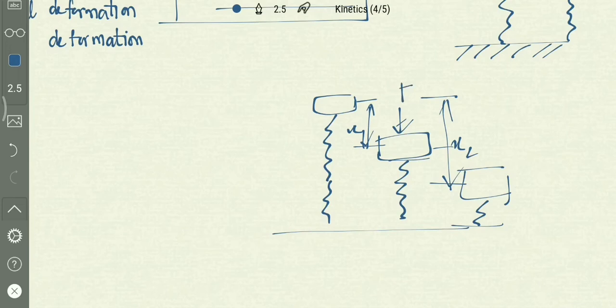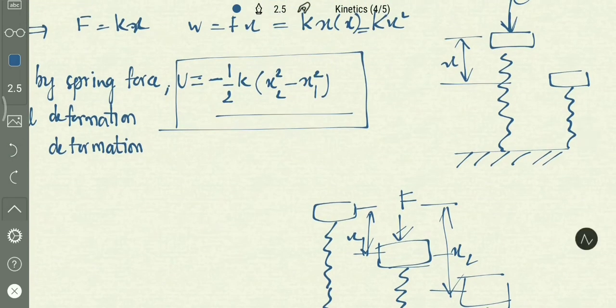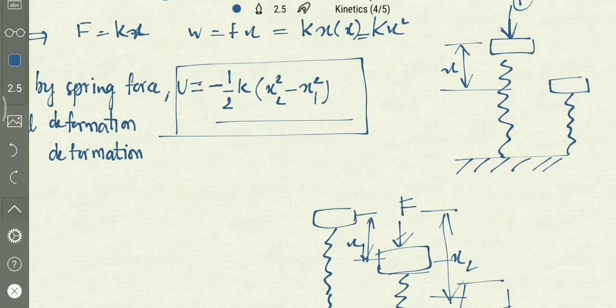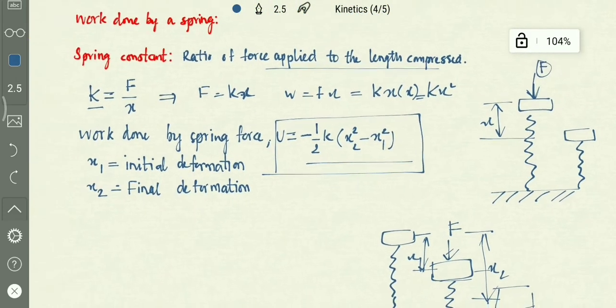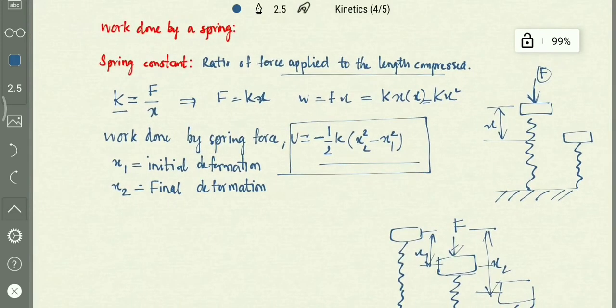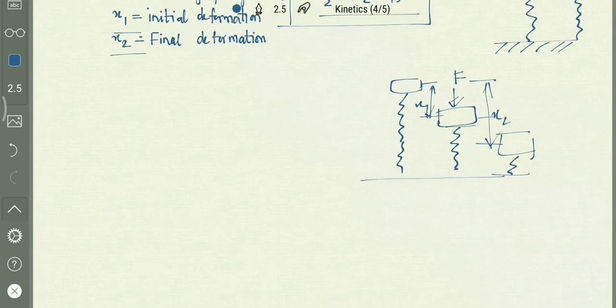So the work done by this force on the spring is half into k into x2 square minus x1 square. The work done by the spring will have a minus sign here because it is against the work done by the force. So x1 is initial deformation, x2 is the final deformation.